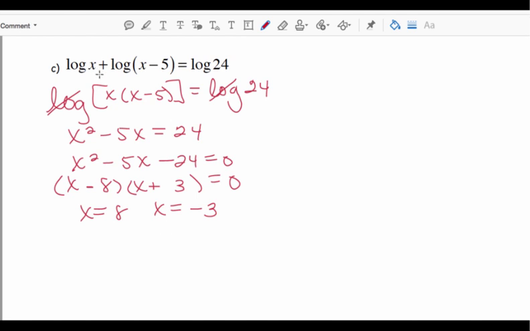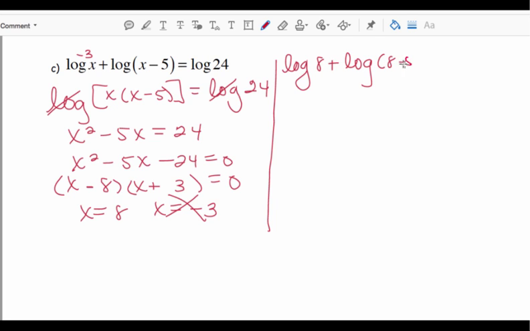And then I can see that if I plug negative 3 back into that first log to check my solution, that one's already going to fail because you can't take the log of a negative. And then you can just double check to make sure that 8 works. We have log of 8 plus log of 8 minus 5 equal to log of 24.